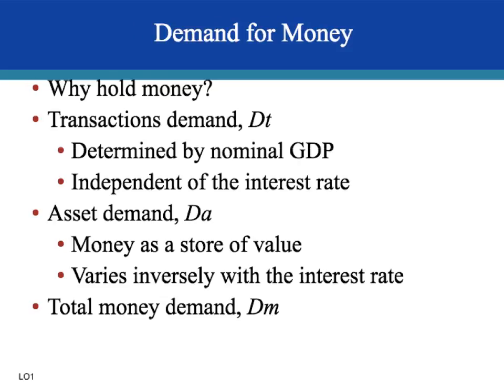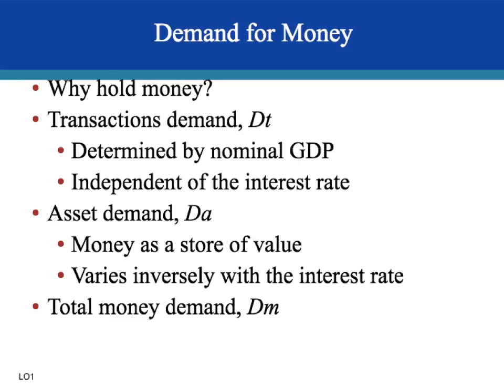And so there's less of an incentive for households to buy assets when the asset isn't really paying them much money. And then the opposite is true when interest rates are higher, then the assets are paying households a nice return. And so households tend to hold a lower quantity of money in cash when interest rates are higher, and they tend to hold more of their money instead in assets.